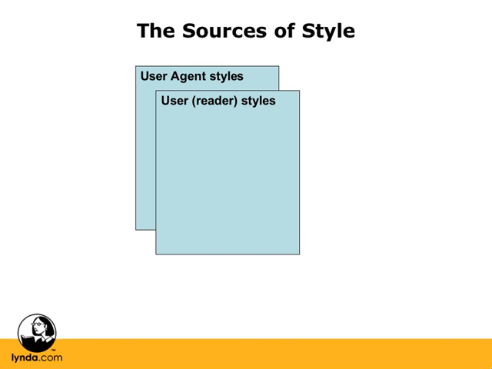Maybe I want all of my text to always be black on white, but I want all of my links to be in reverse text, white text on a black background. These are just the various possibilities, reasons why a user might want to create their own style sheet. The truth of the matter is that even those people who would really benefit from user style sheets don't realize they're there.